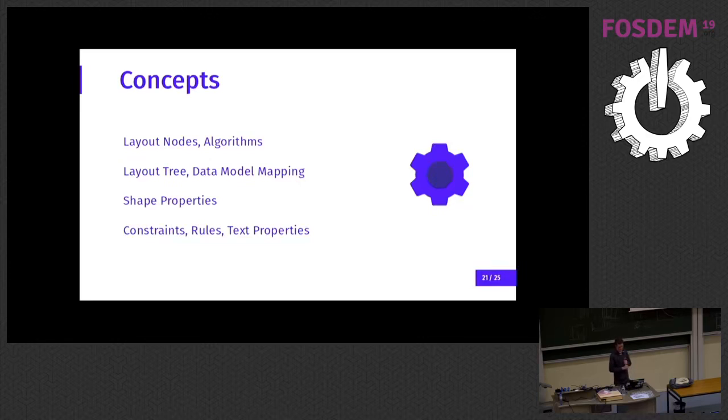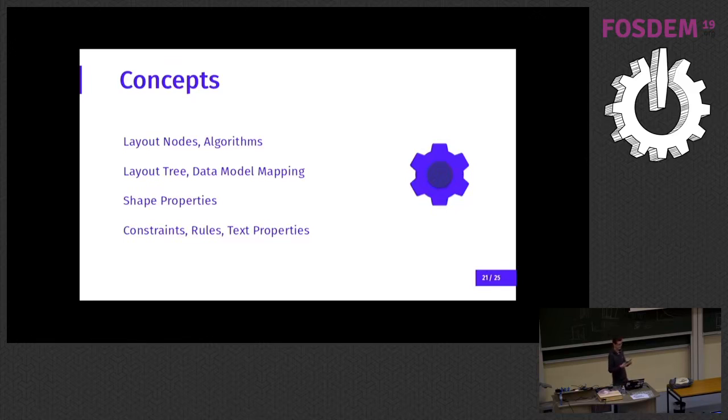Finally, the last thing that really affects the shapes is that for layout nodes with the shape algorithm, you can associate shape properties. And again, this is tightly coupled to drawingML, so all the properties are using the drawingML markup. And later we will see this is why we don't do a direct import of SmartArt into Impress.